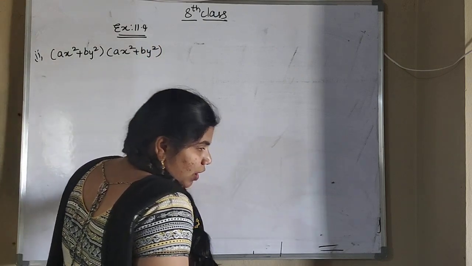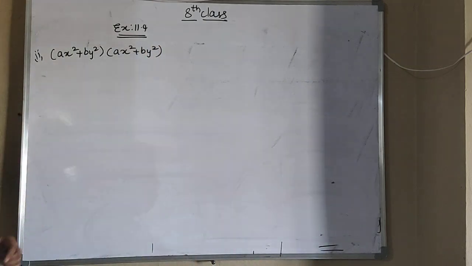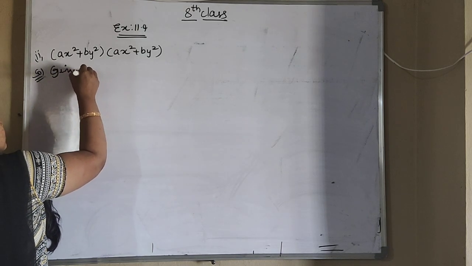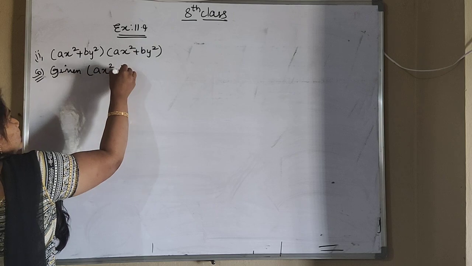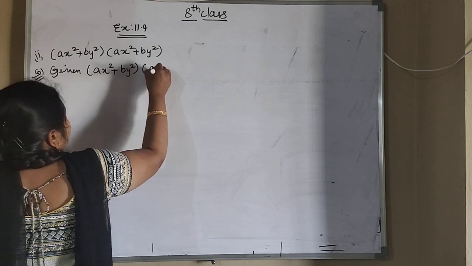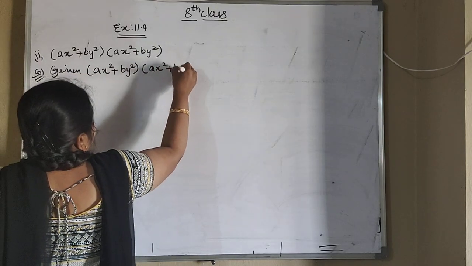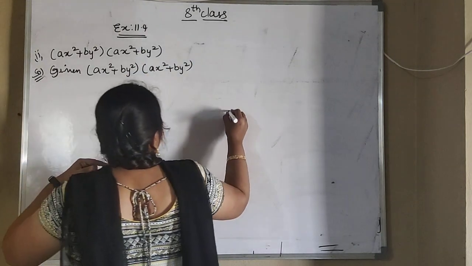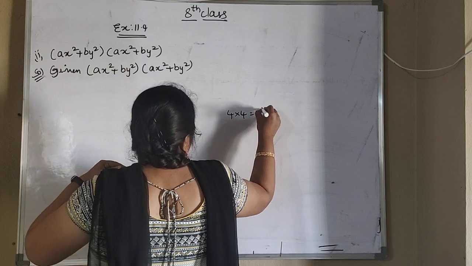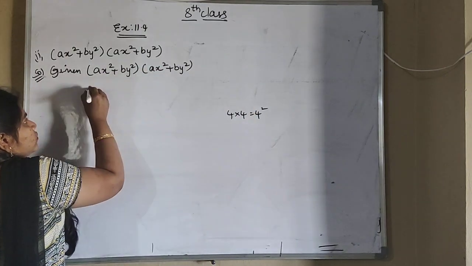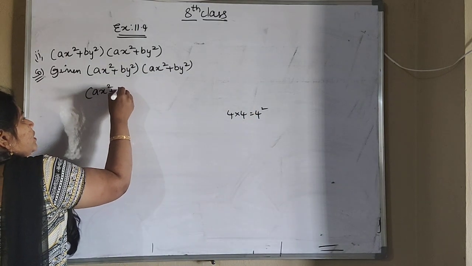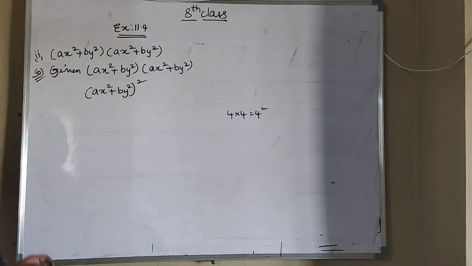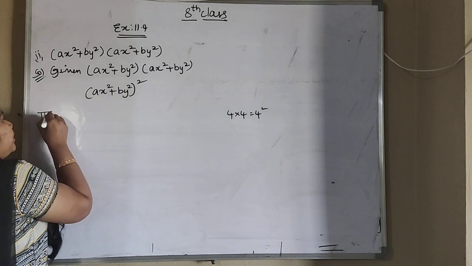Again, they have given it in the form of an identity. As I already told you, 4 into 4 can be written as 4 square. In the same way, these two terms we can write in the form of ax square plus by square whole square. Now this is in the form of which identity?